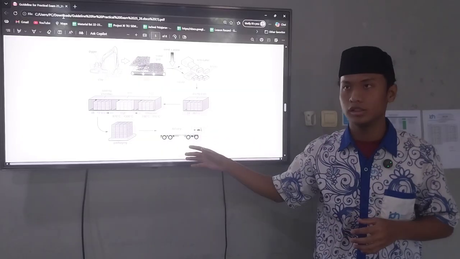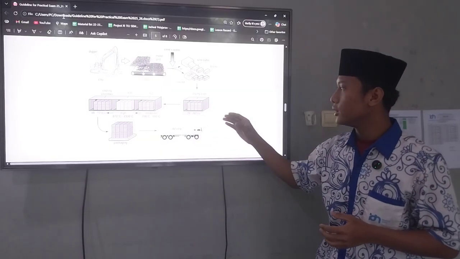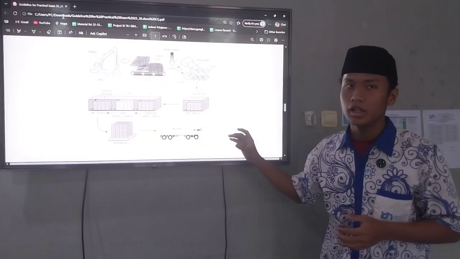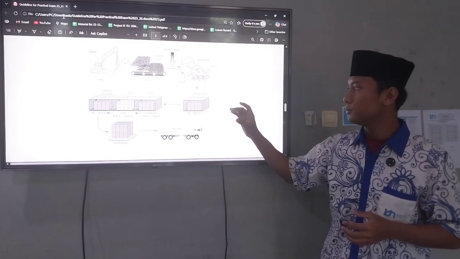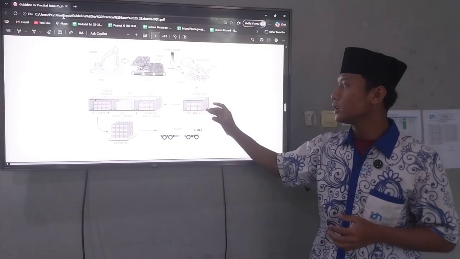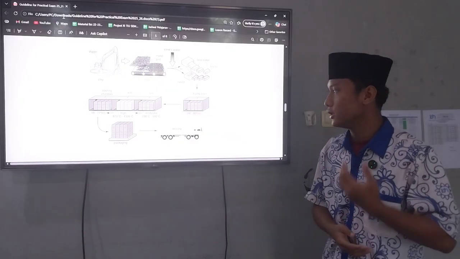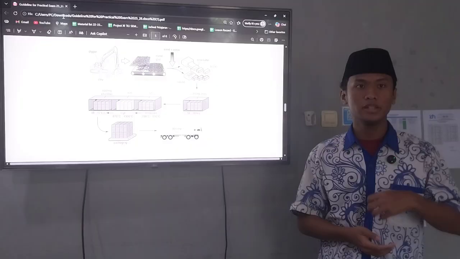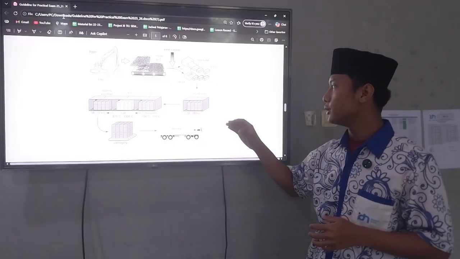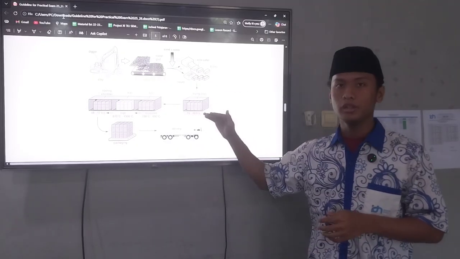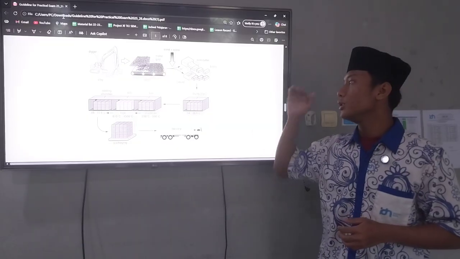The bricks are heated at a moderate temperature of about 200 Celsius up to 380.